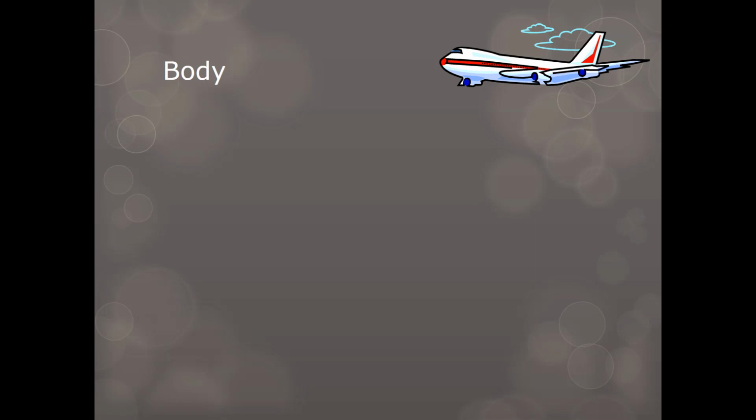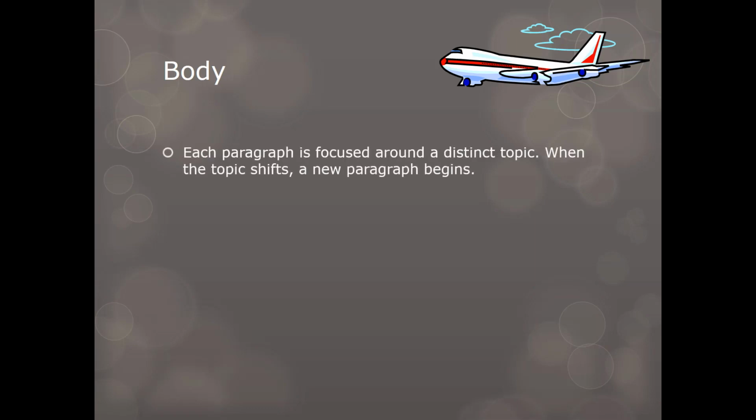These are just the way we approach writing body paragraphs. First, remember that each paragraph should be focused around a distinct topic or point. When the topic shifts, a new paragraph begins. Think of paragraph breaks as breaths in a conversation. They're signals. They tell us, all right, here, we're moving to something else.